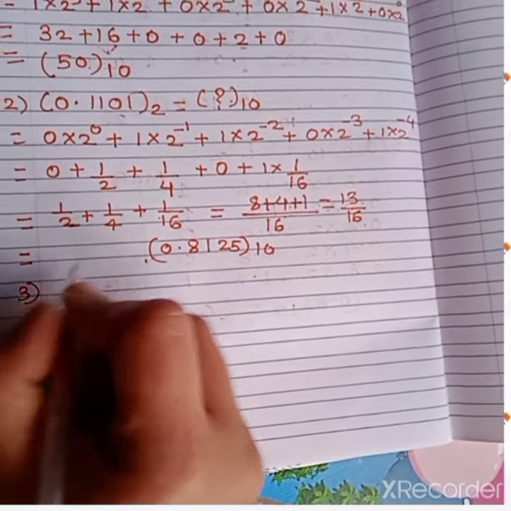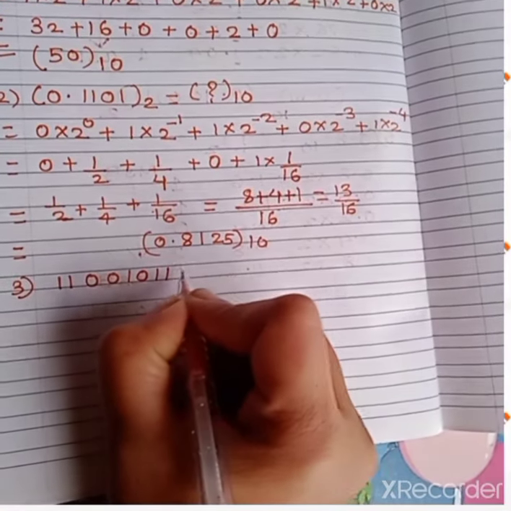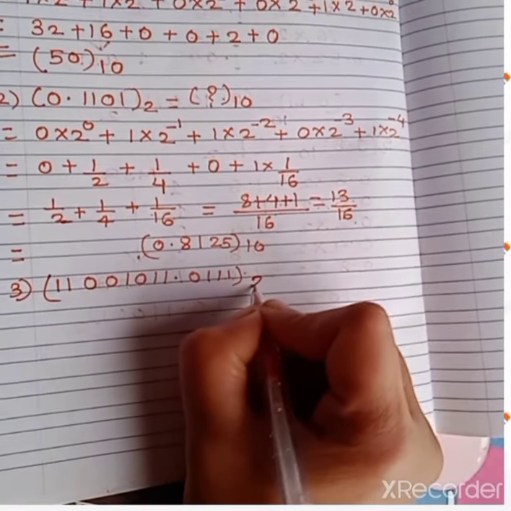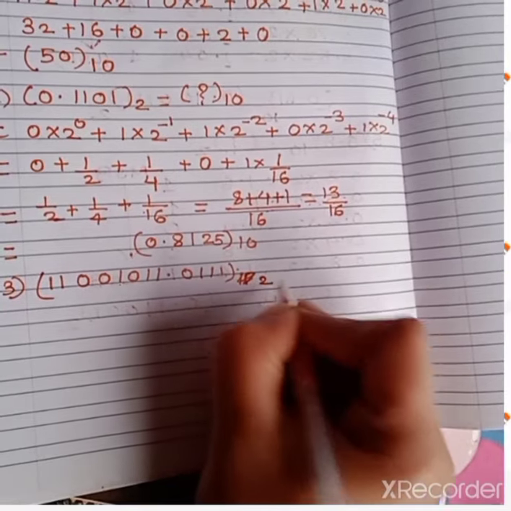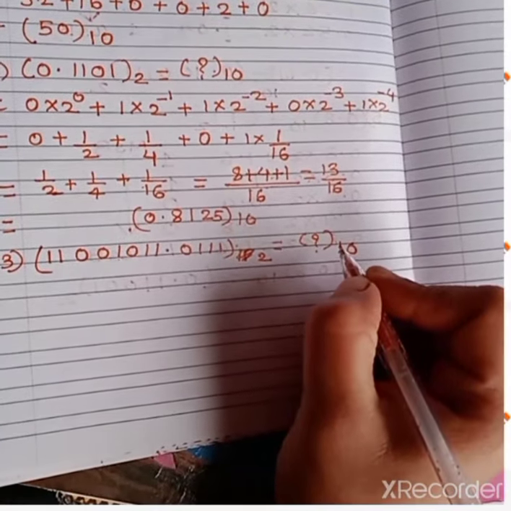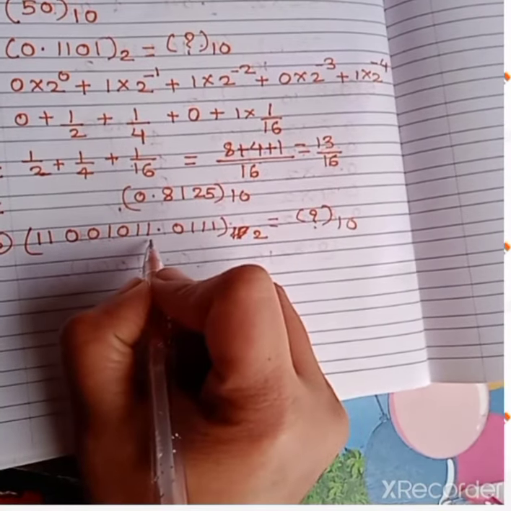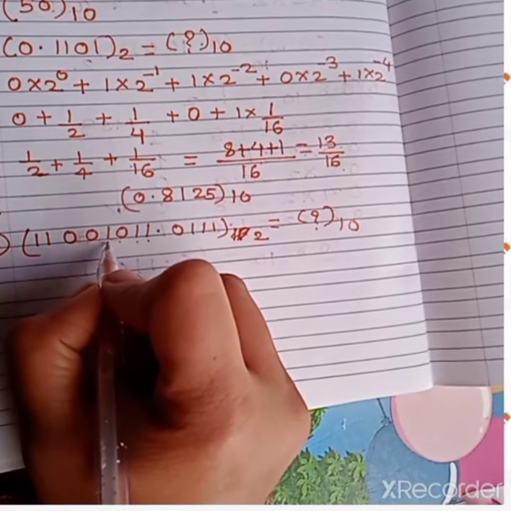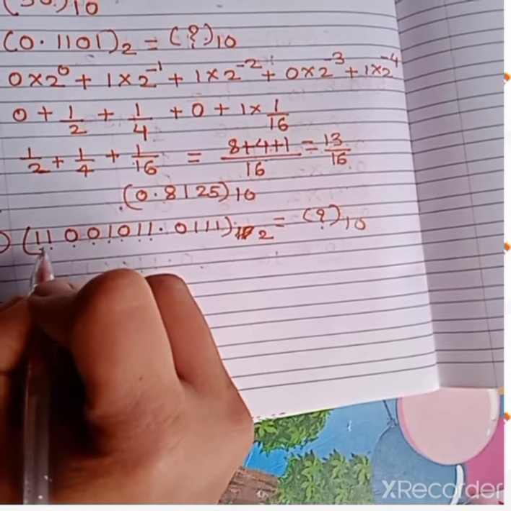Next we'll see an example. 11001011.0111 to the base 2. We have to find out the decimal equivalent. So here 2 raised to 0, 2 raised to 1, 2 raised to 2, 2 raised to 3, 2 raised to 4, 2 raised to 5, 2 raised to 6, 2 raised to 7.